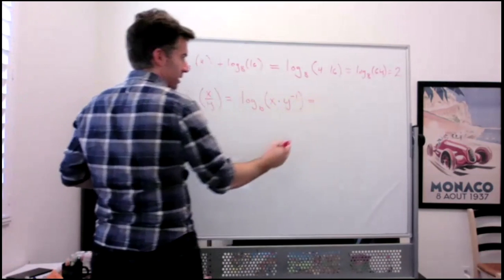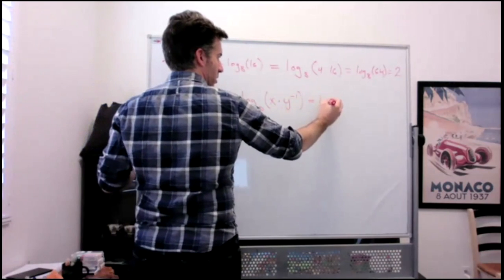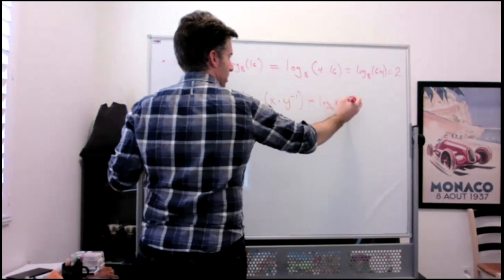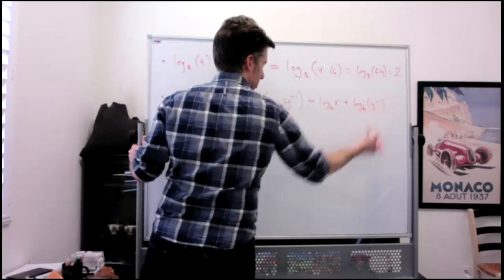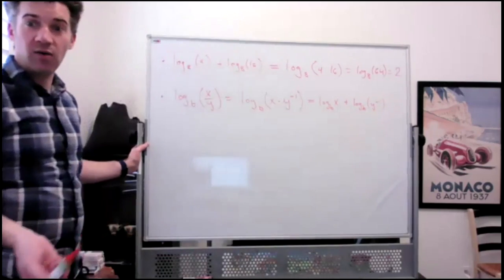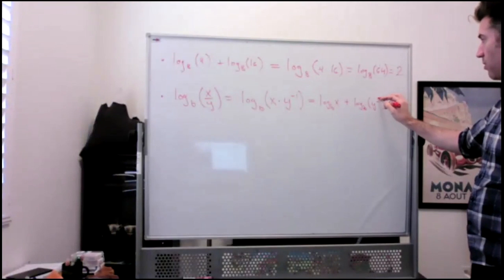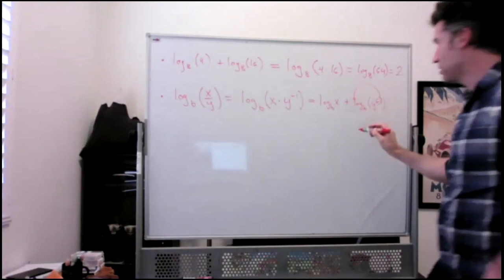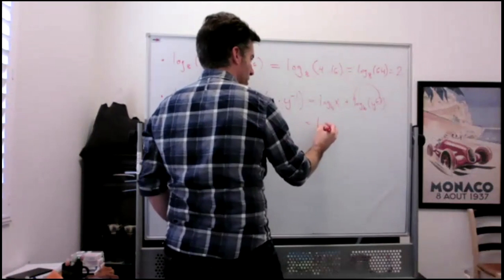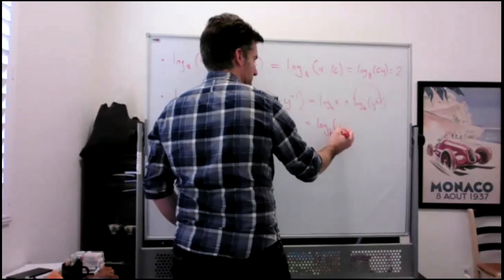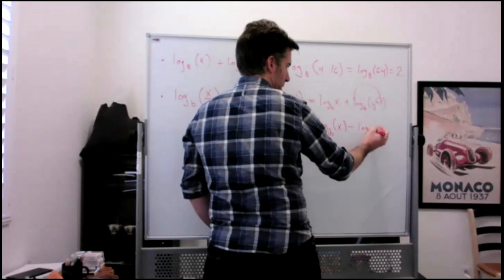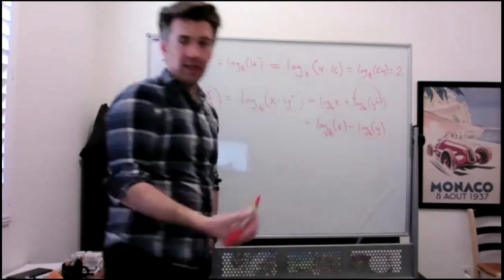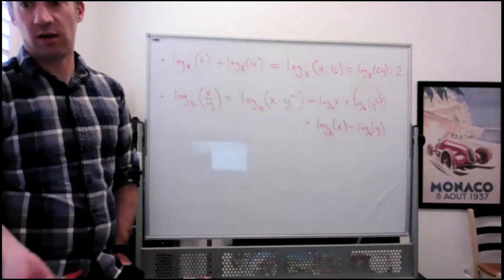Then I can write that as log base b of x plus log base b of y to the minus 1. And then I can use the power rule to say, if I've got a logarithm of something to a power, I can bring that power down in front. So this is really log base b of x minus 1 times log base b of y, or just minus log base b of y.